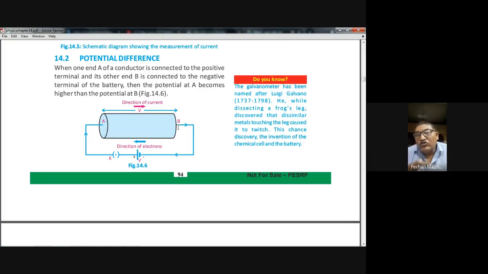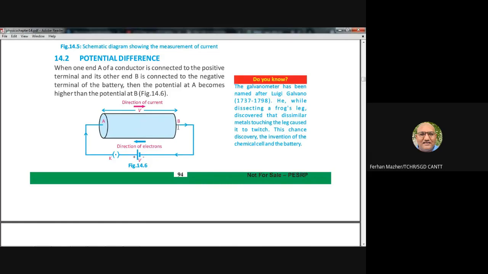So you know the amount of energy which is converted from electric to other form, and you know the amount of charge which is flowing. So you divide that energy which is converted by the amount of charge. For example, 10 joules divided by 2 coulombs. So you will have 5 volt.